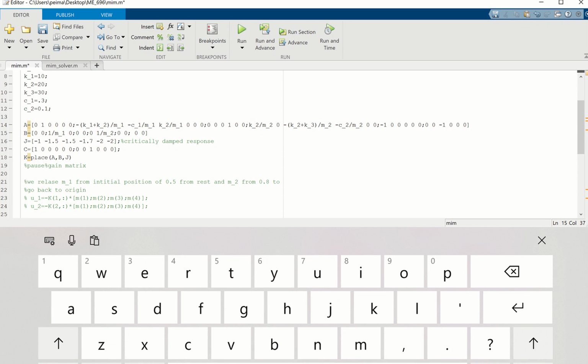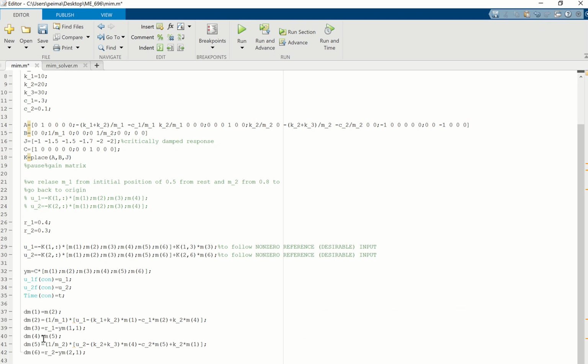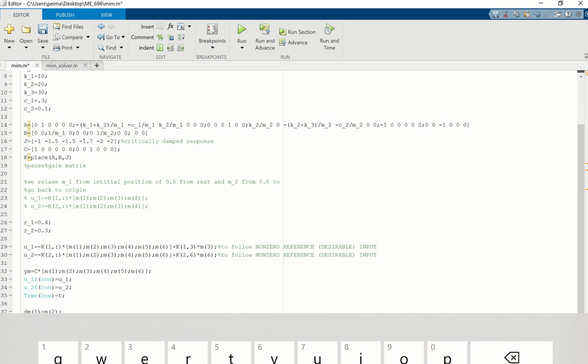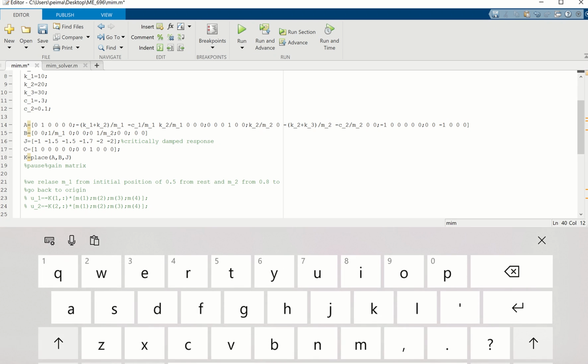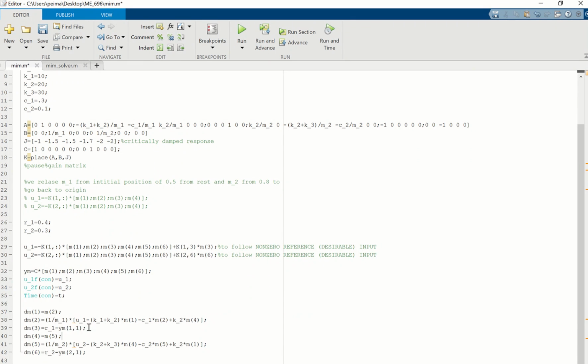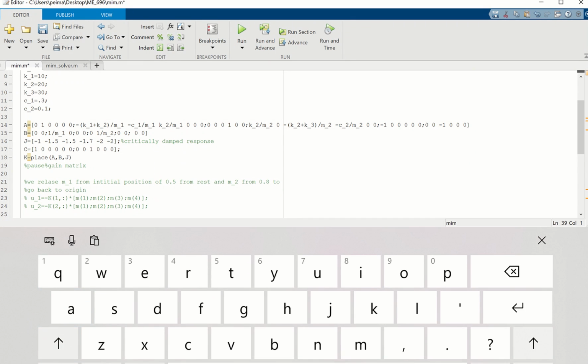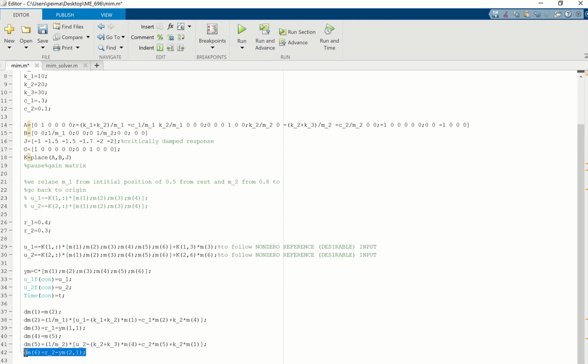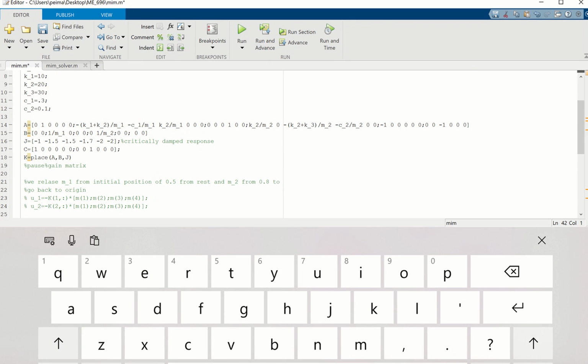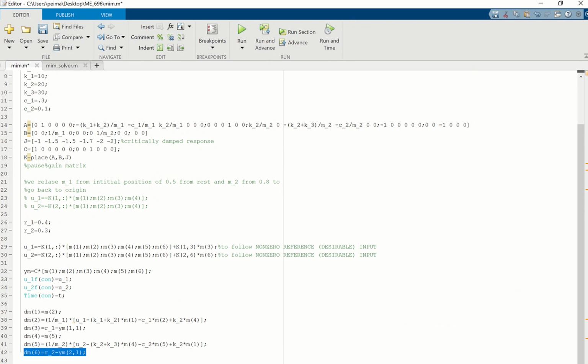Because you increase the order of the system, because you have two systems, you have two zetas. These are zeta dot 1 and zeta dot 2. Say R1 is 0.4, R2 is 0.3, right? And so zeta dot is R1 minus Y1 for the first, R2 minus Y2 for the second.